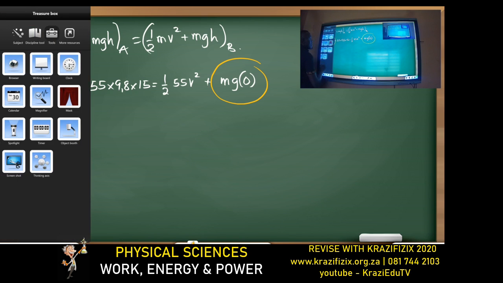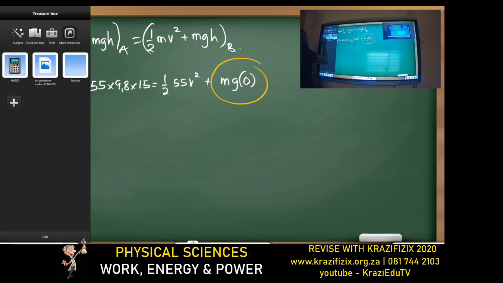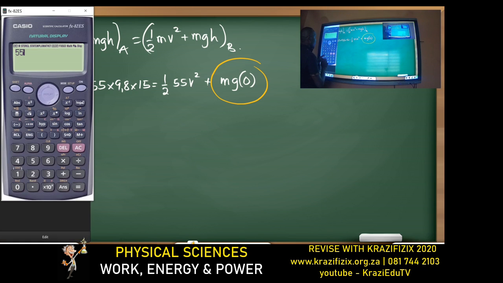Just going to grab a calculator and work out everything with you. I'm going to have 55 times 9.8 g, and the height is 15. That gives me that. Now, if I cross multiply, the 2 goes up there. Then I'm going to divide both sides by 55. That is v squared. I need to get the square root of v squared, and that will give me 17.16.